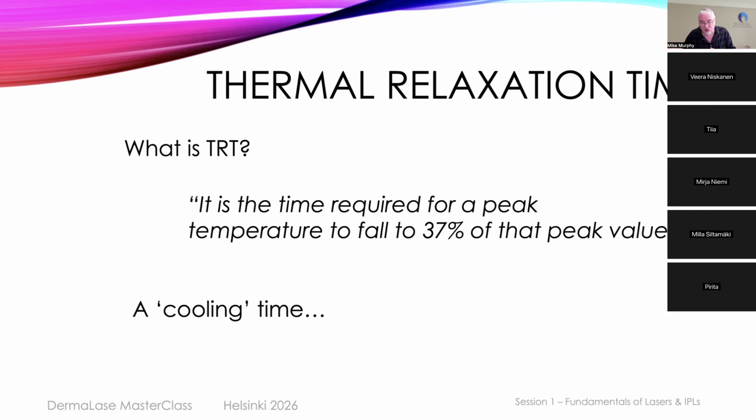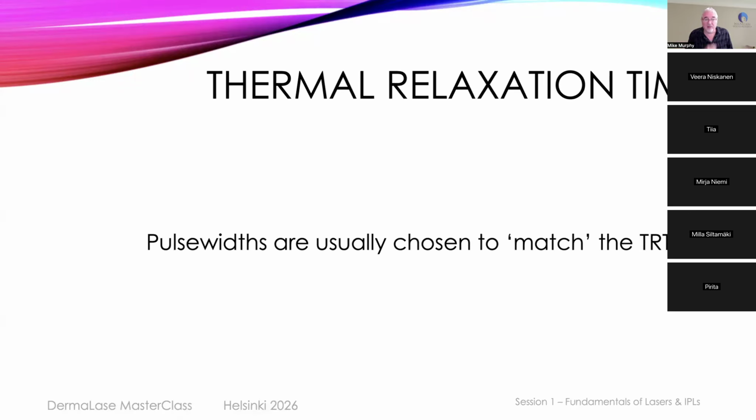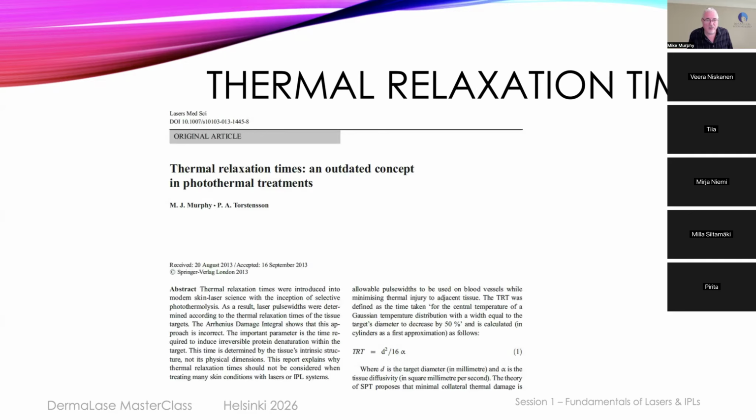Hey, look, the lasers do short pulses anyway. Fantastic. And then when we started to use longer pulses and in particular IPLs, suddenly the pulse lengths were much longer than the relaxation times, and it didn't make sense anymore. That's because the relaxation time is not actually that important. So forget about it. They say choose a pulse width to match the relaxation time. No, it's just wrong.